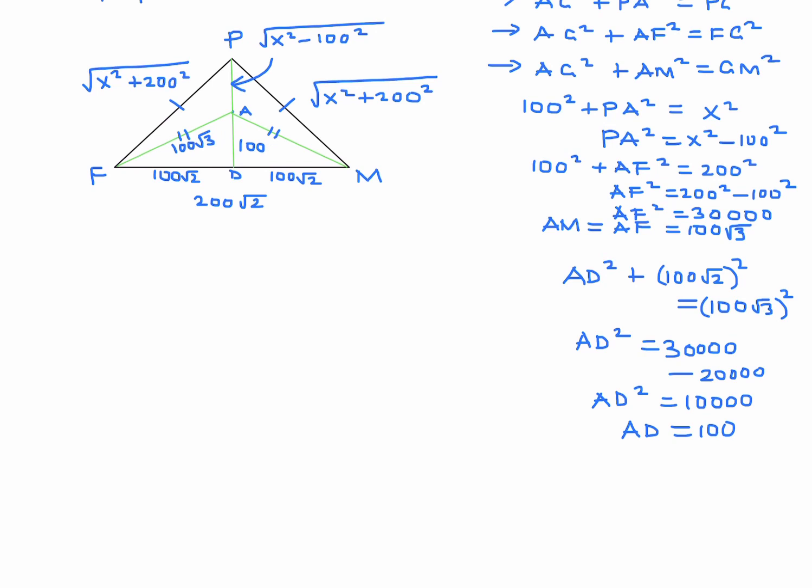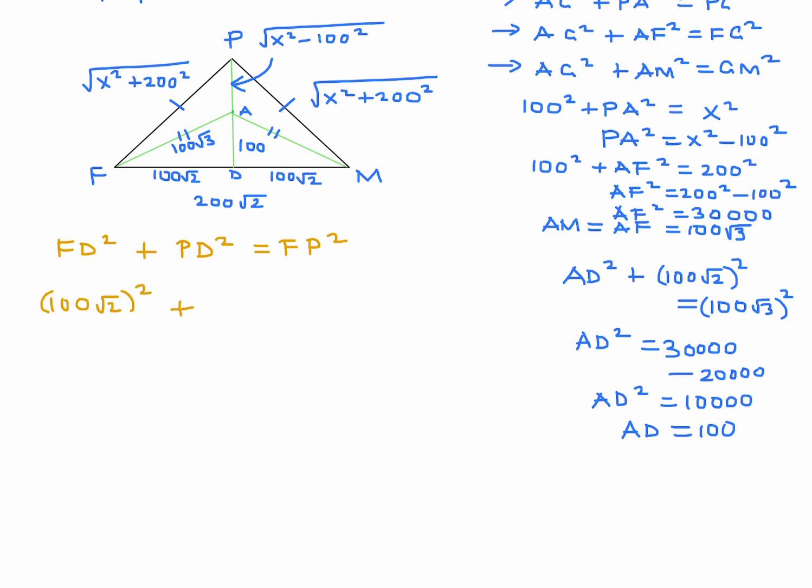And it's going to be not extremely messy, but a little bit of work involved, using the Pythagorean theorem once again. So we have FD squared plus PD squared is equal to FP squared. Okay, FD squared, that's 100 root 2 all squared, so that's an easy one.